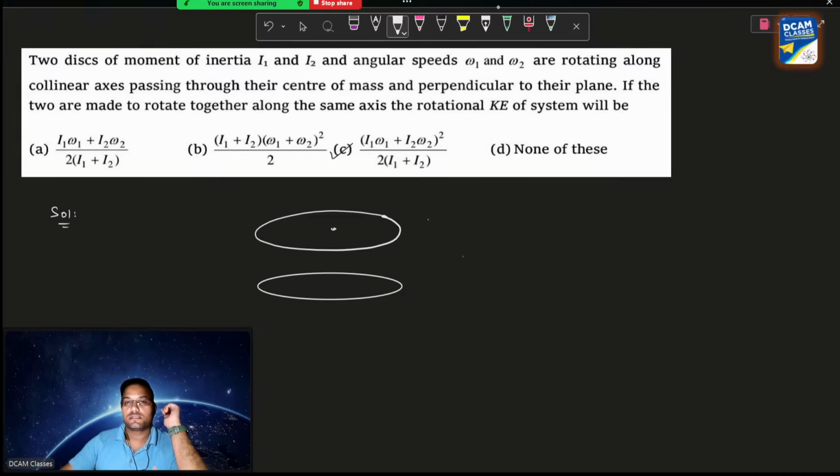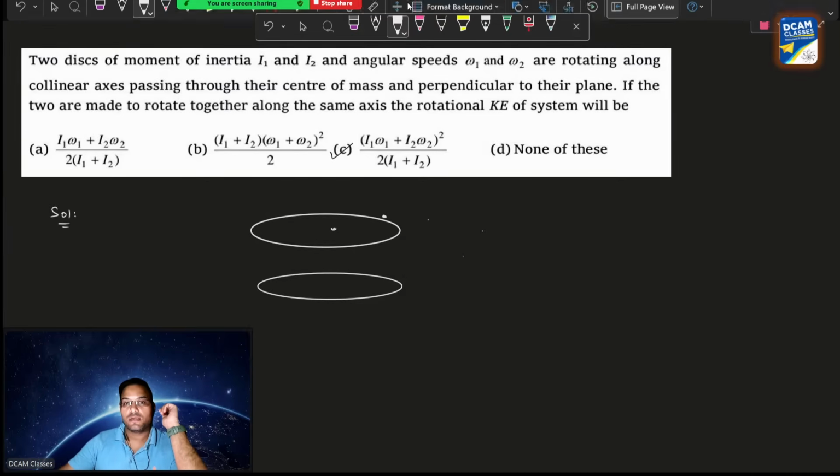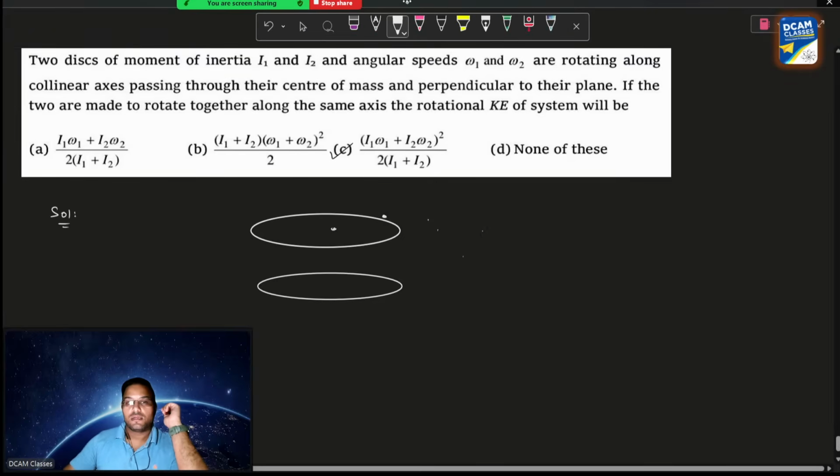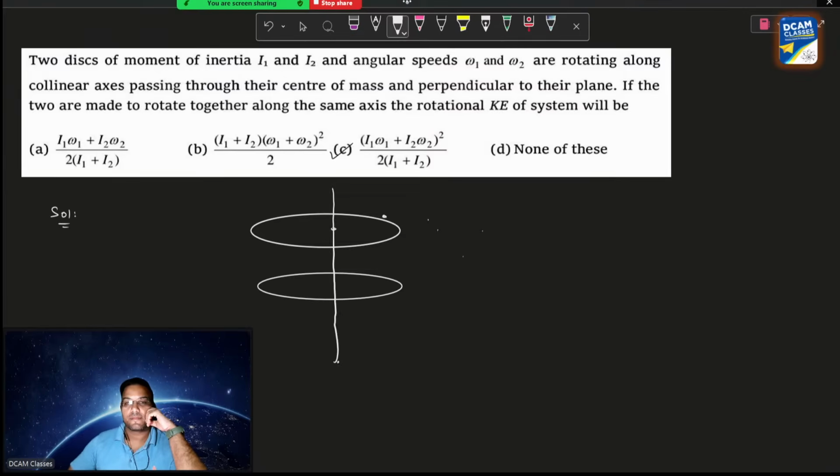Their centers are the same. Actually, I wanted to draw this one. I have to shift it, I guess. Okay.